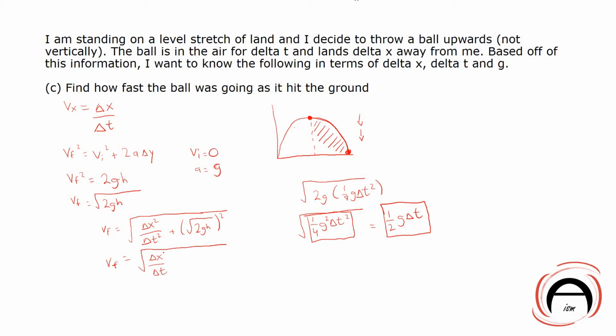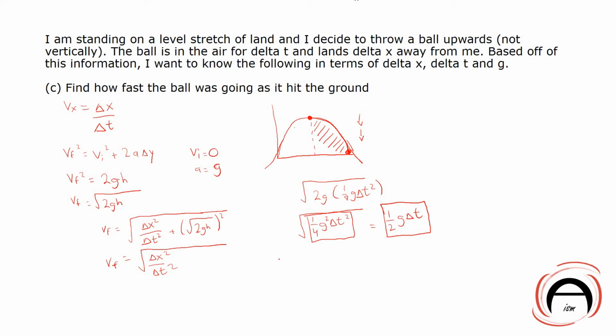I could have said that at the very beginning because, looking at a parabola, if you find the derivative, the slope at that point as the height approaches 0 is going to be the negative of this derivative right here. So it makes sense that the magnitudes of their velocities are going to be the same.